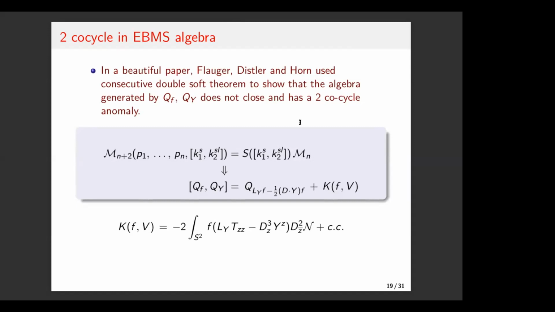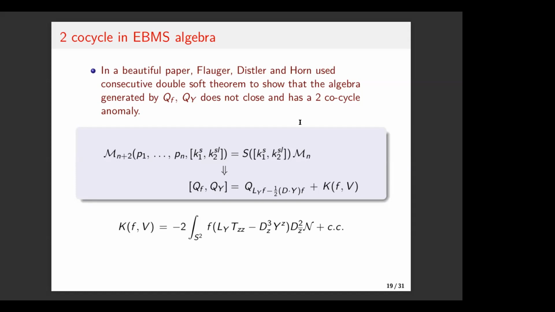So I just schematically indicate their main result, which is that if you take an amplitude with two soft gravitons, where for one of the gravitons, with momentum k1, you take the leading soft limit, and for the graviton with momentum k2, you take the subleading soft limit, and you commute these two limits, then it turns out that this amplitude factorizes into a soft factor, like a double soft graviton factor, and the n-point amplitude.